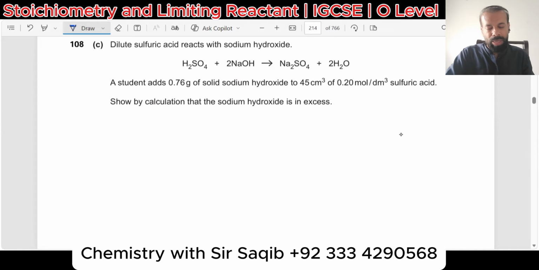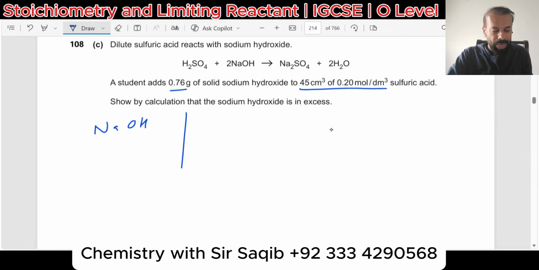One more question. Dilute sulfuric acid reacts with sodium hydroxide. A student adds 0.76 gram of sodium hydroxide to 45 cm cube of this sulfuric acid. So simply calculate the moles of both sodium hydroxide and H2SO4.